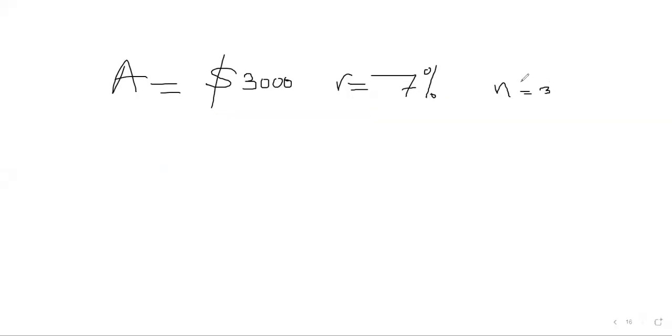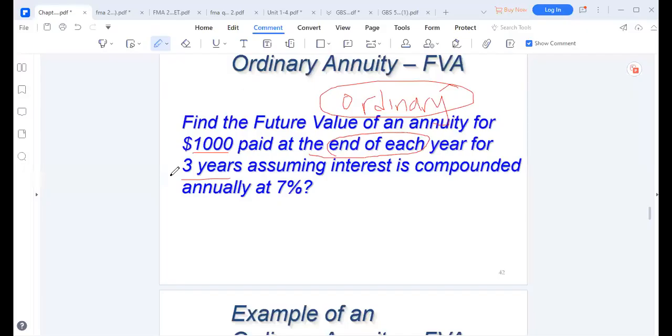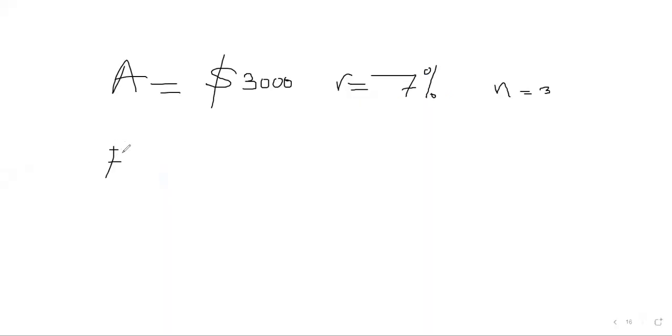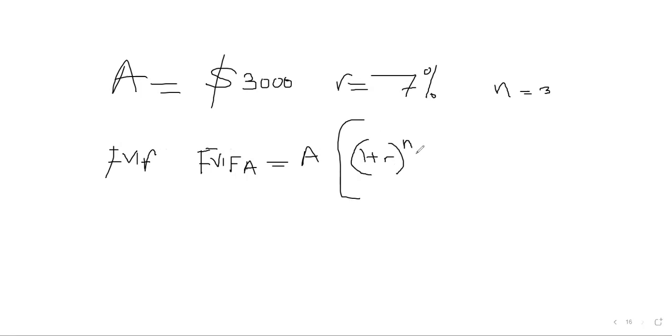Now look at what they are asking us: find the future value. It's an ordinary annuity because the payments are made at the end. So the future value interest factor of an annuity is equal to amount times 1 plus R to the power N minus 1, over R.